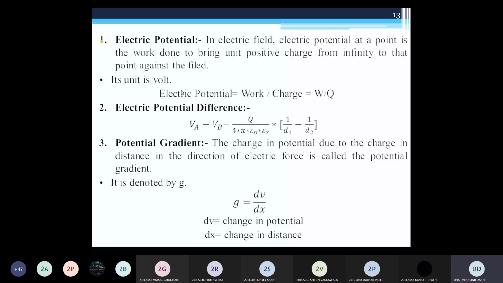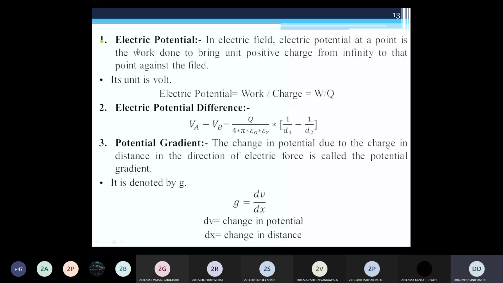The unit of electric potential is volt. The equation you can write is work done per unit positive charge, so the equation is V equals W divided by Q. W is the symbol of work done and Q is the symbol of charge. Clear?